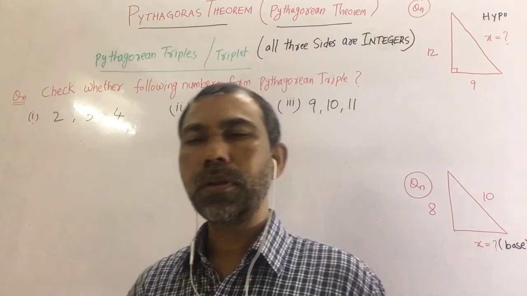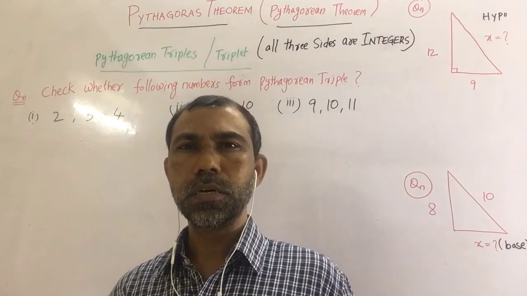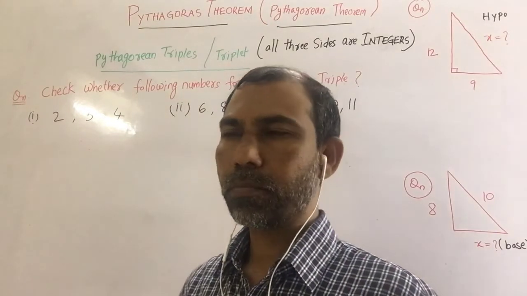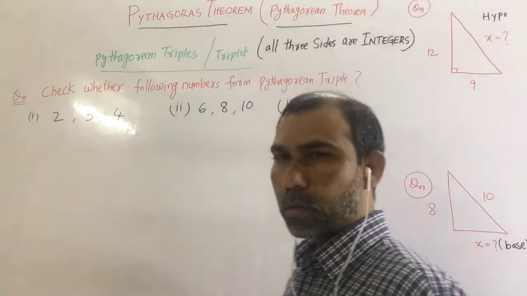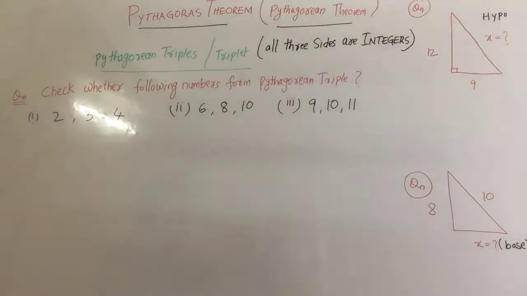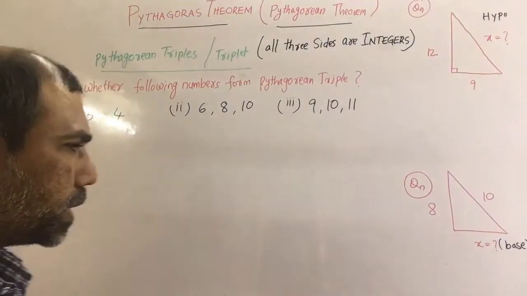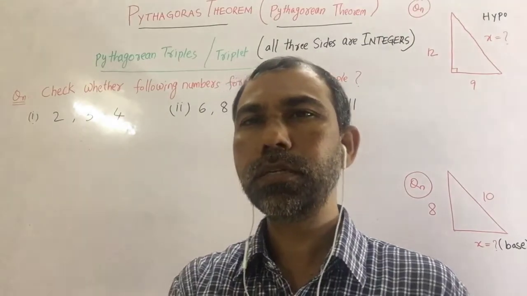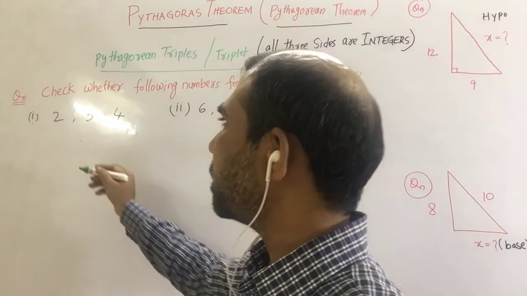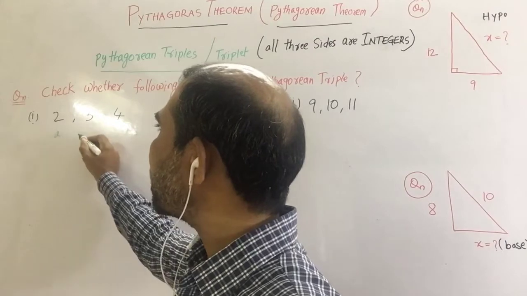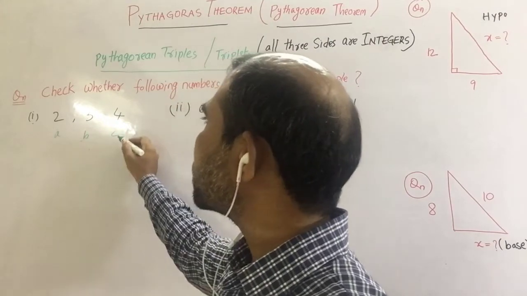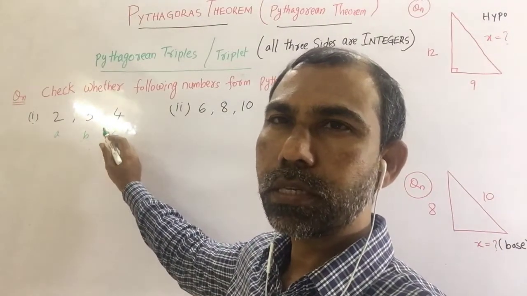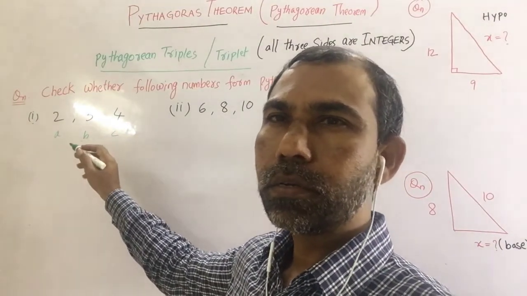So here we'll solve a few questions on the basis of the Pythagorean theorem. If you take the first question, let us assume the three sides are given. Let us assume this is a, this is b, and this is c. You can assume c as the hypotenuse. The hypotenuse will always be bigger than the remaining sides.